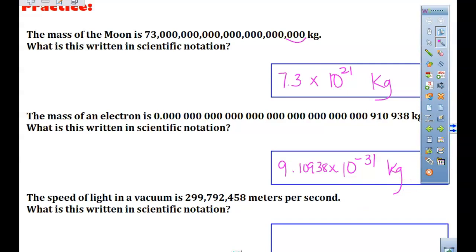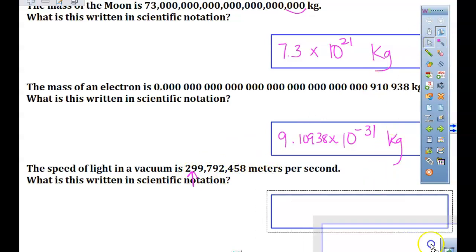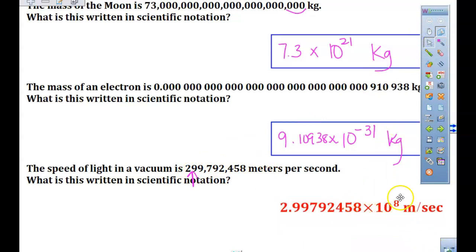As you are taking a look at the last one, the decimal has to be between the 2 and the 9. 3, 6, 7, 8. As you are taking a look at that answer, times 10 to the 8, and we need to put all of those.